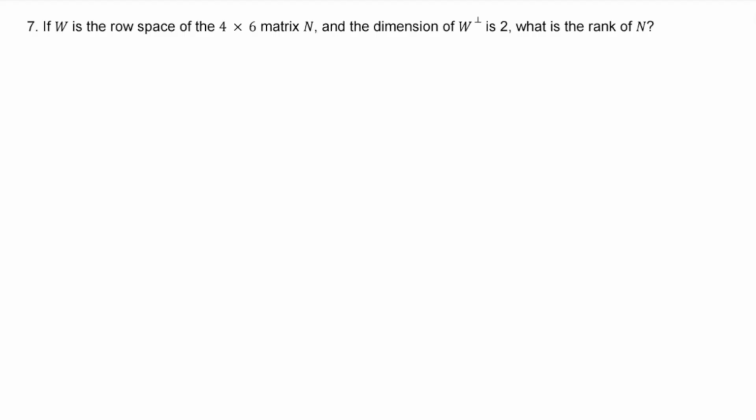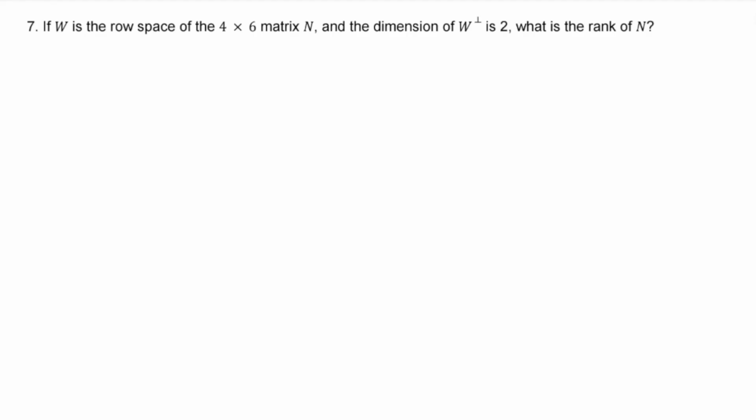Now number 7 is saying that W is the row space of the 4x6 matrix N, and the dimension of W perp is 2. What is the rank of N? All right, well, I think first we should think about W is the row space of a 4x6 matrix N. That means that W is going to be in R6.